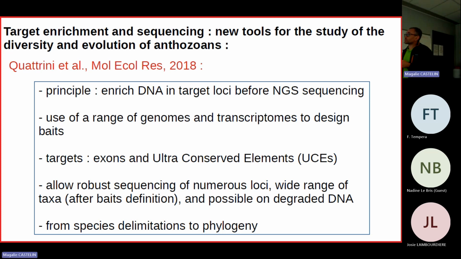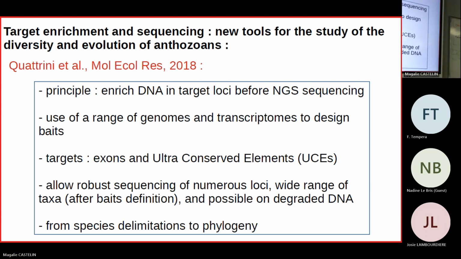So for that, you have first to define some targets. What do you want to sequence? So here, these are ultra-conserved elements. That means part of the genome which does not vary much among species at various levels of phylogenetic diversity. And also here in the original article, there were exons, so the coding part of the genes.